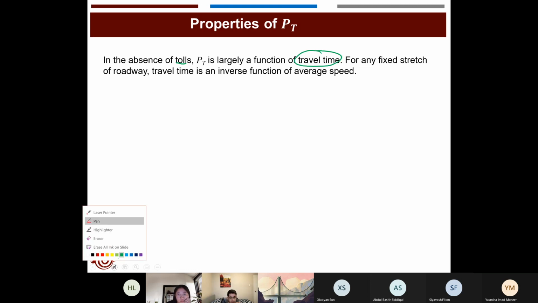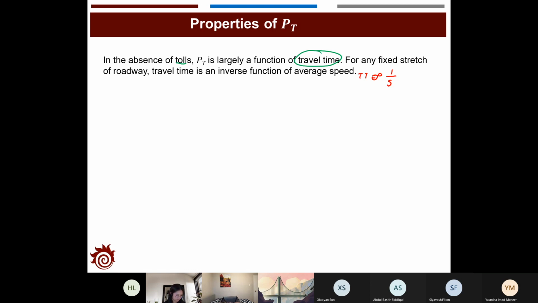And then for any type of road, the travel time is an inverse function of the speed, if we are given the distance. With a higher speed, your travel time is smaller. With a low speed, travel time is higher.